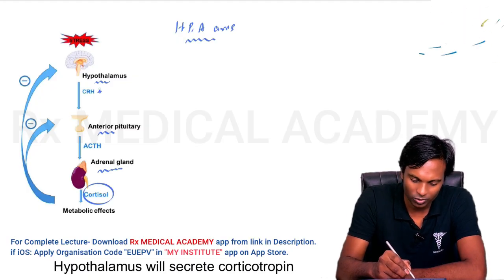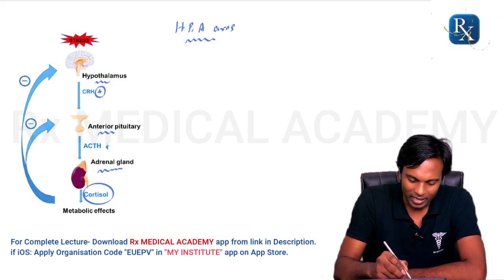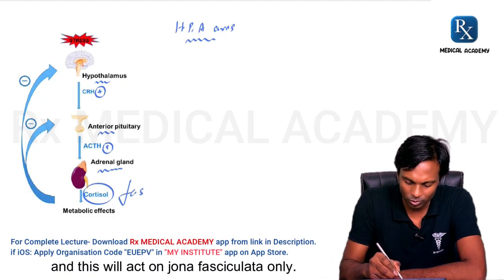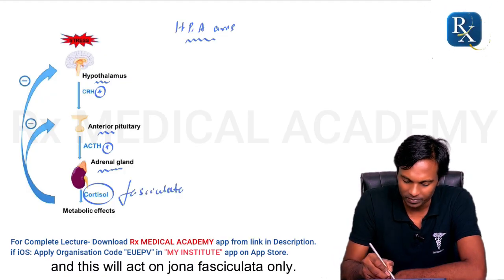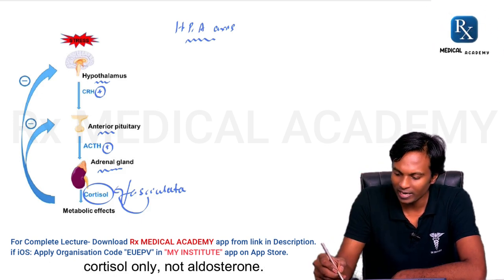Hypothalamus will secrete corticotropin releasing hormone, and it will stimulate your anterior pituitary, and then the anterior pituitary will secrete ACTH, and this will act on zona fasciculata only. Therefore, it will control the secretion of cortisol only, not aldosterone.